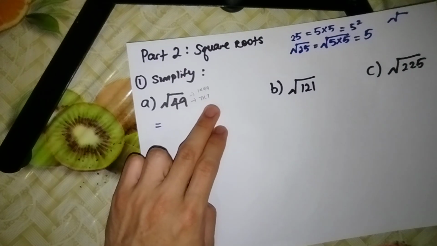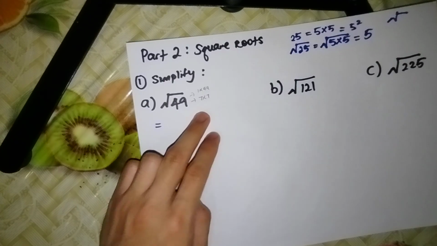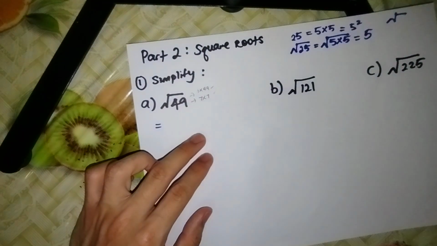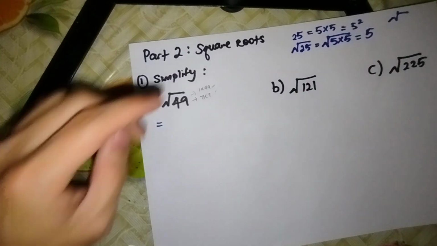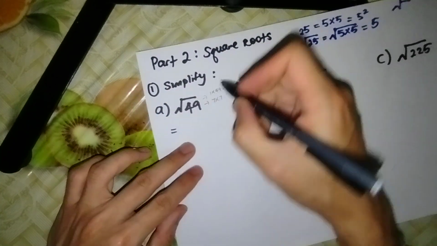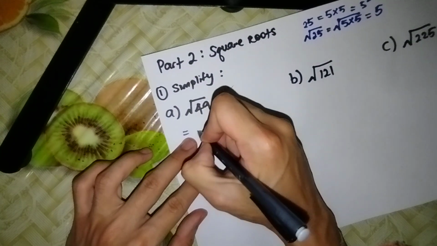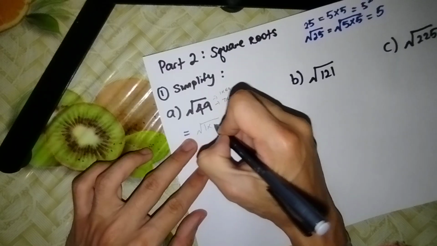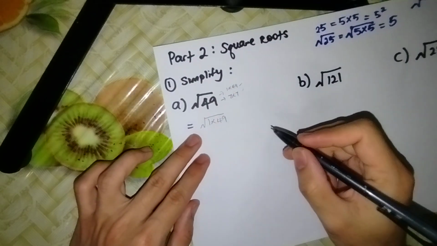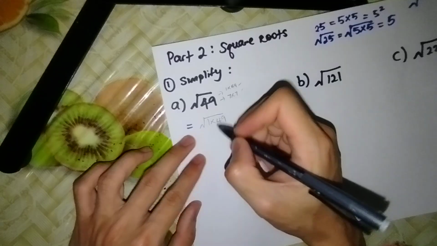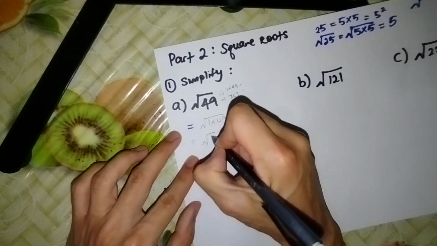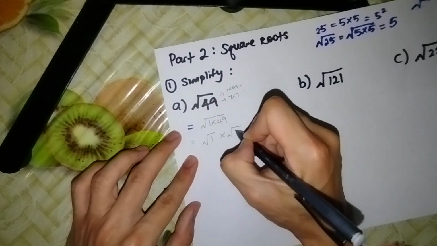Once we pass 7, then 8, 9, 10, none of them actually work. So we have two versions. If we break the square root of 49 down into 1 times 49, is it more helpful or less helpful? We can say that it's equal to the square root of 1 multiplied by the square root of 49.